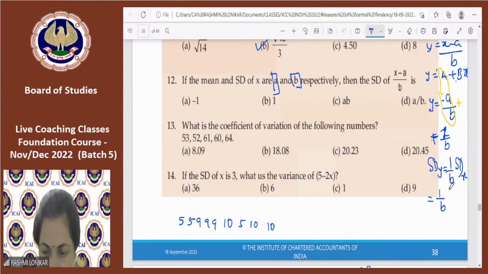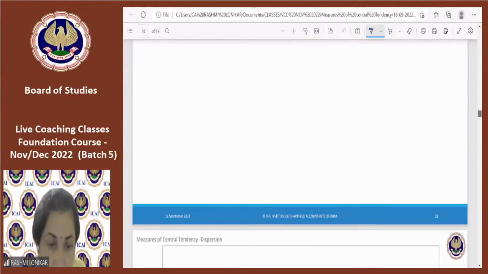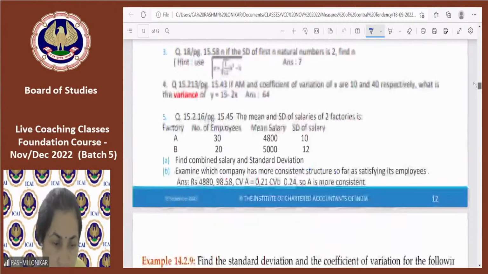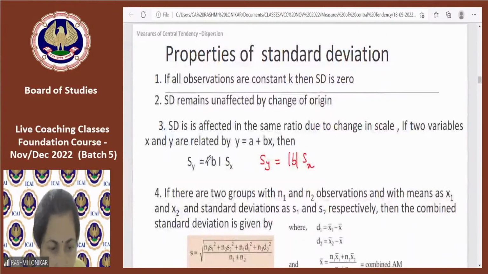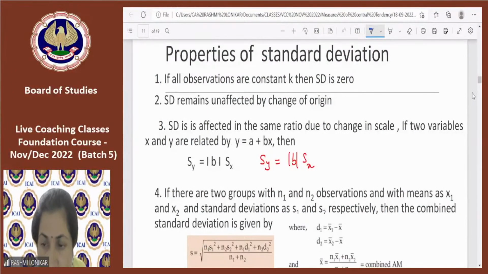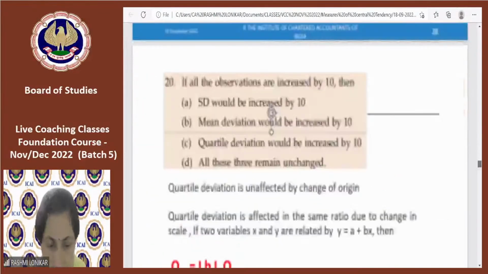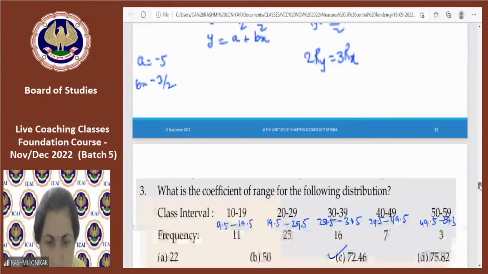B. Now do we have a mod or not for the standard deviation property? Let us check. It has a mod. Because the answers are so close, by mistake we will pick the incorrect answer. So we don't want that to happen.